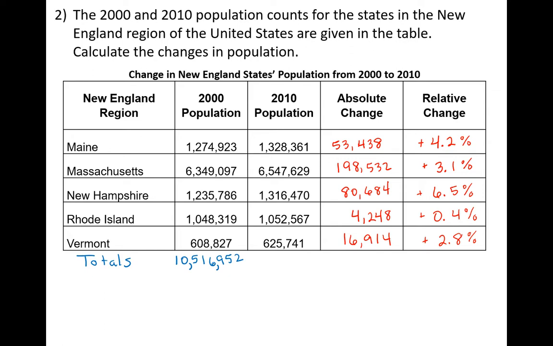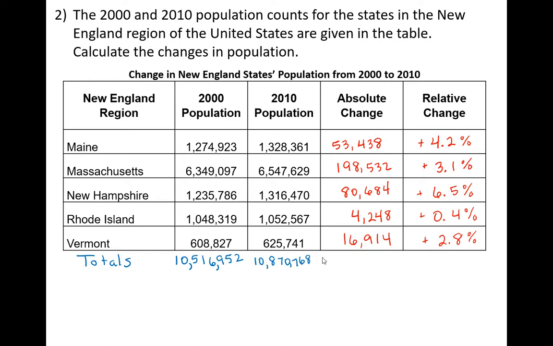That's 10 million people, 10,516,000. So 1,328,361 plus 6,547,629 plus 1,316,470 plus 1,052,567 plus 625,741. And that comes out to be 10,870,768.